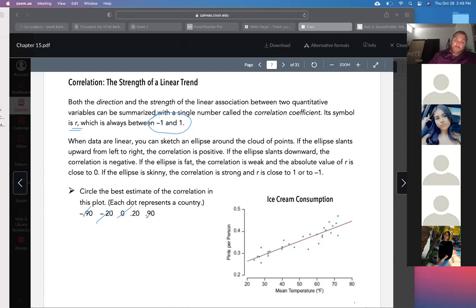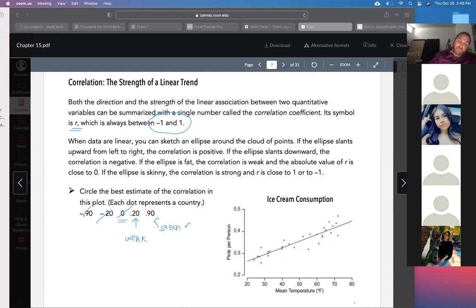So of the two, which one do you think is the more likely answer? 0.20 would indicate that it's extremely close to being nonlinear. In fact, 0.20 is extremely weak, if even non-existent, whereas 0.9 is very strong. Because if R is 0.9, what is R squared?